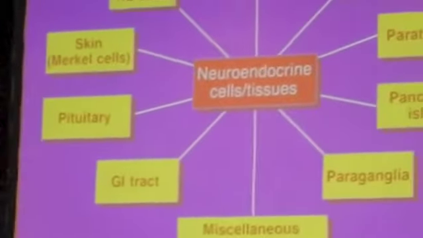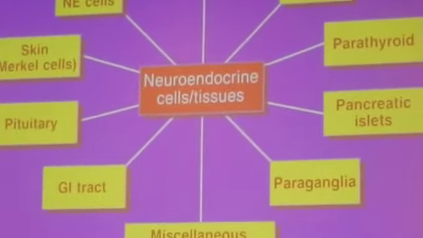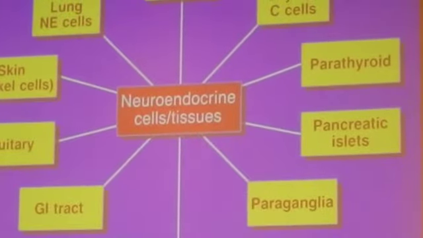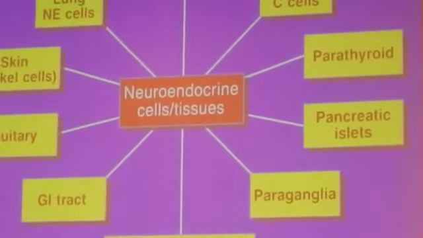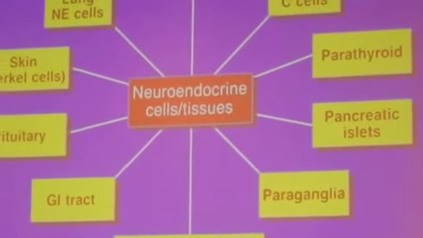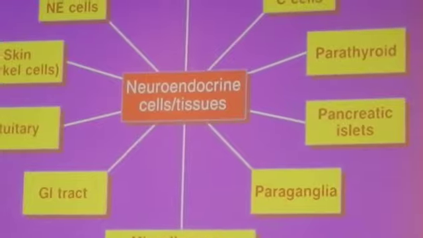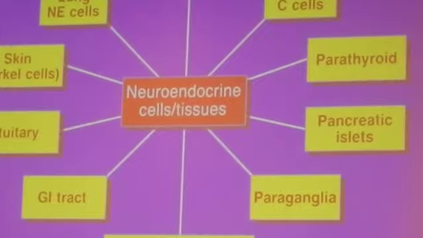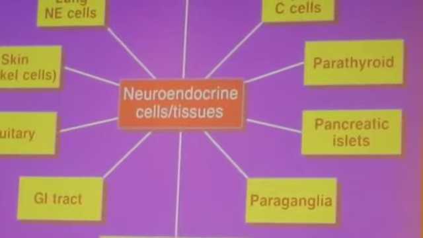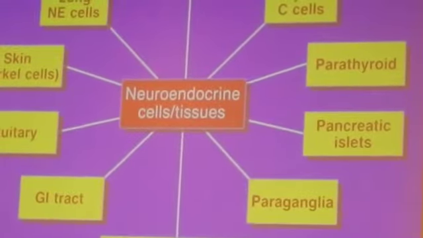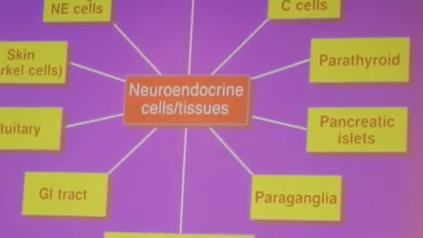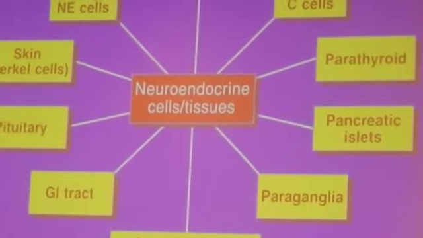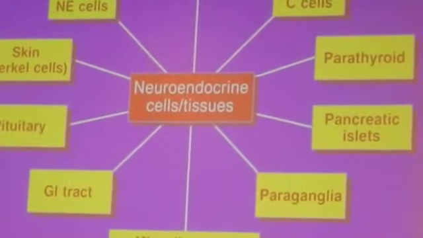When you think of the endocrine system overall, we're looking at really quite dispersed and quite varied lesions, ranging, if we start from the top, the adrenal medulla, thyroid C cells that Herb will be talking a lot about, parathyroid, pancreatic islets, paraganglia, lots of endocrine cells and tumors in the GI tract, anterior pituitary, skin, specifically Merkel cells as the main example, and then endocrine cells in the lung.